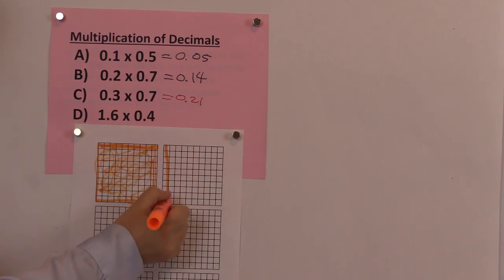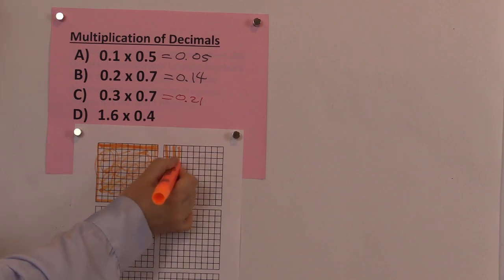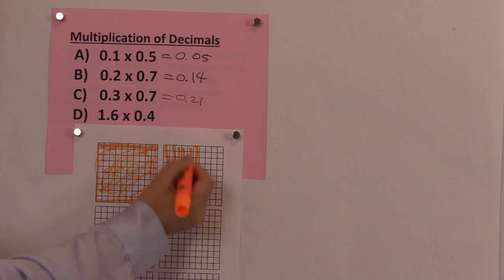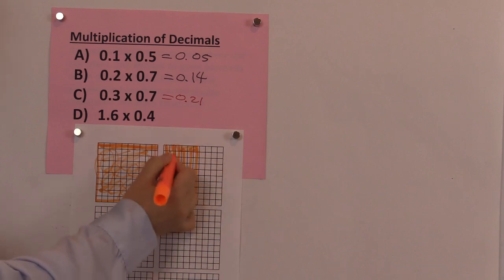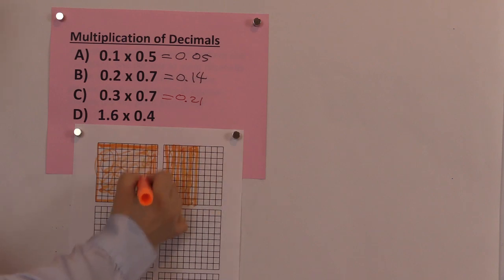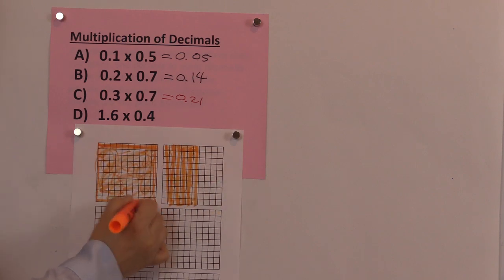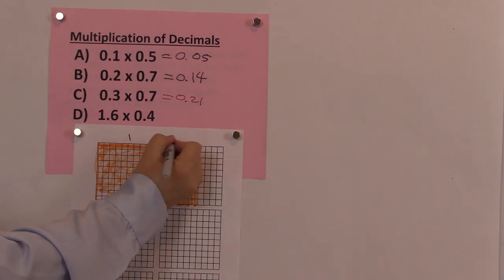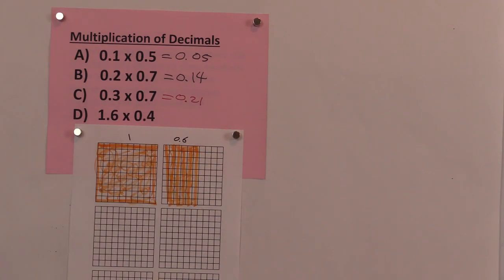So 1, 2, 3, 4, 5, 6. So my base is 1 and 6/10. Are we good so far?